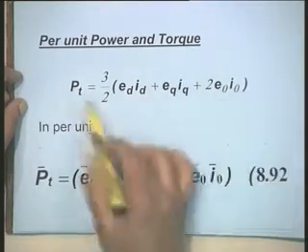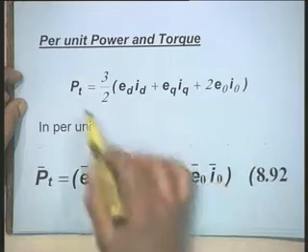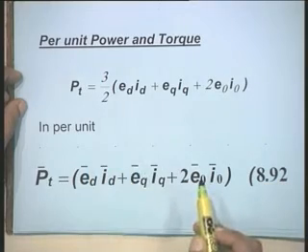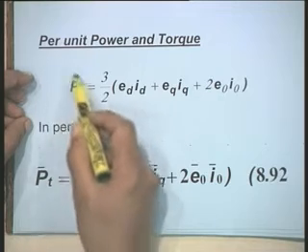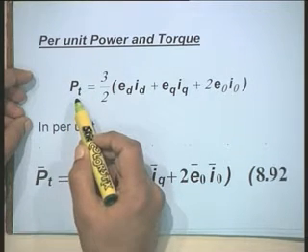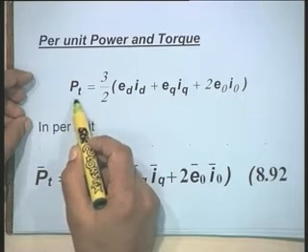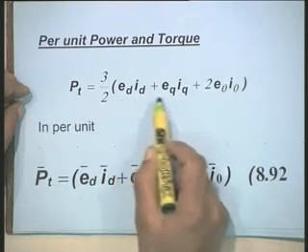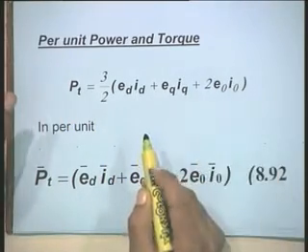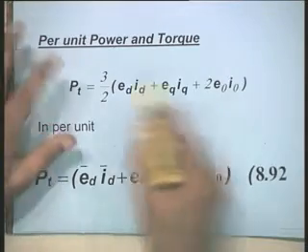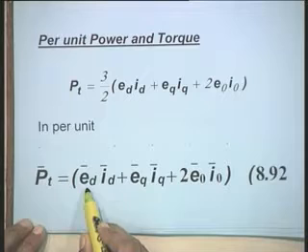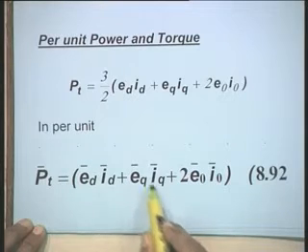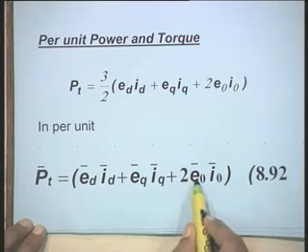Now, here what you do is you divide by the base 3-phase VA of the stator, that is, you divide all these quantities by the base voltage and currents. When you do this exercise, the power in per unit can be written as ED bar ID bar plus EQ bar IQ bar plus 2 times E0 bar I0 bar.